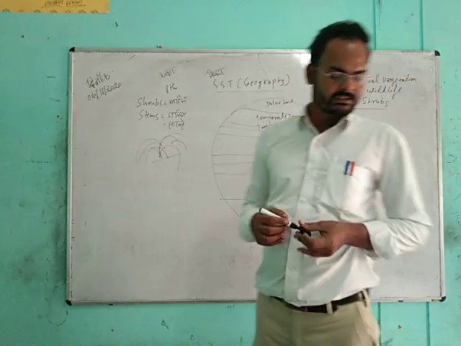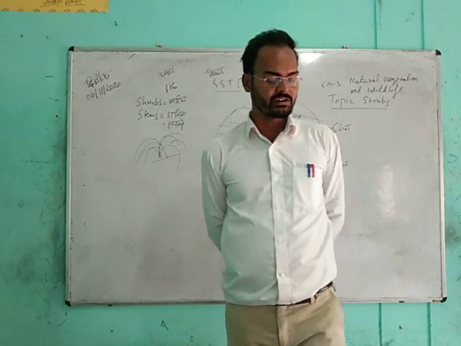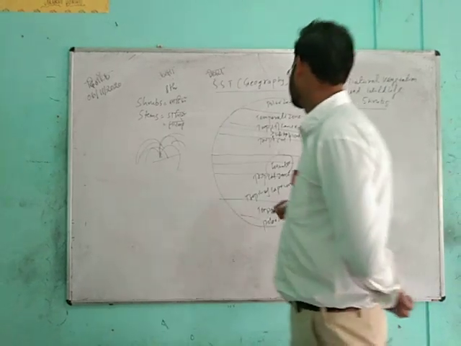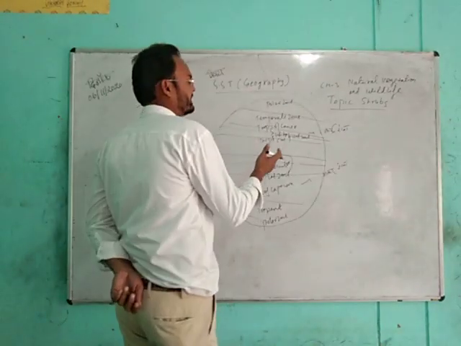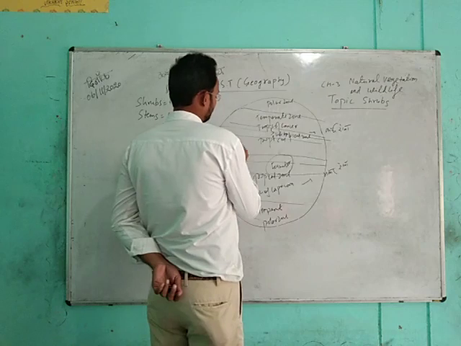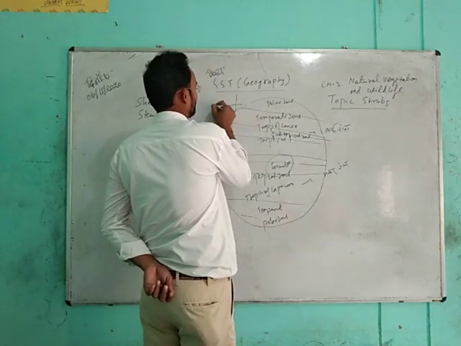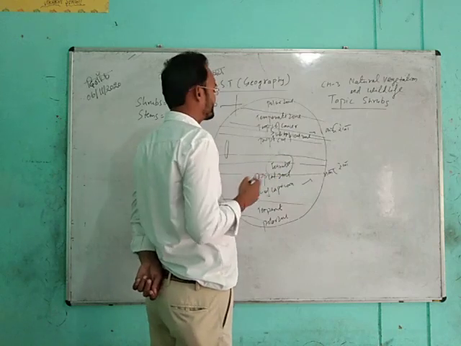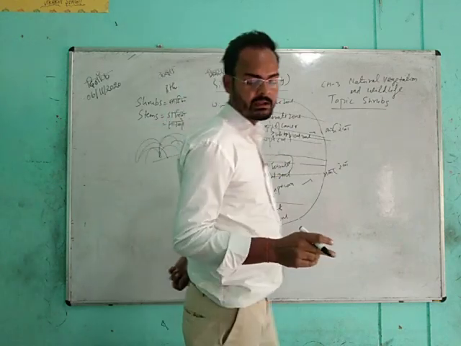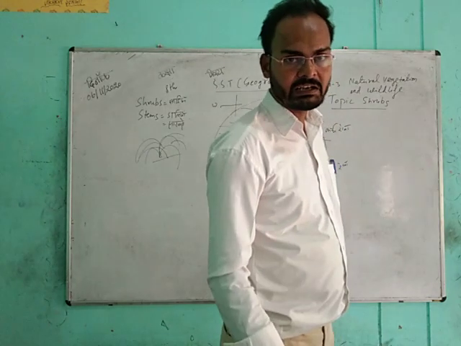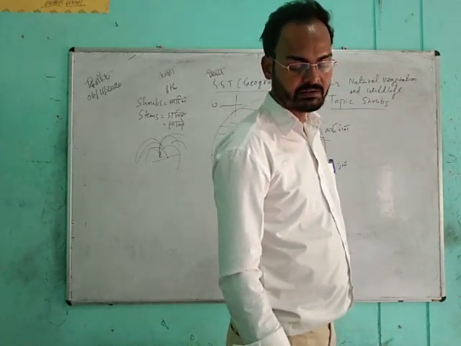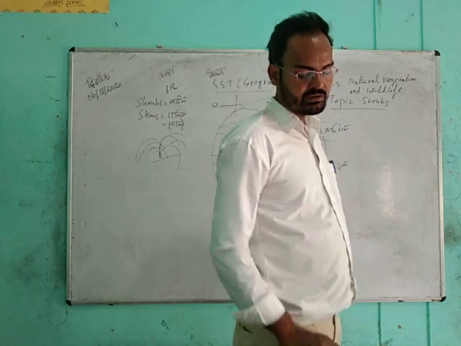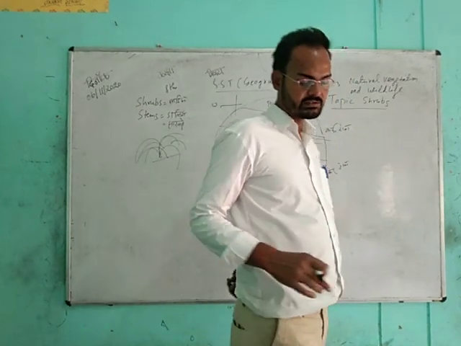So we see that these hot deserts are found in tropical and subtropical belts on the western margins of the continents. The western margin means the west part of the continent, the western coast, the bank of continents, and what is coastal bank? Kinara. While cold deserts are found in temperate regions.